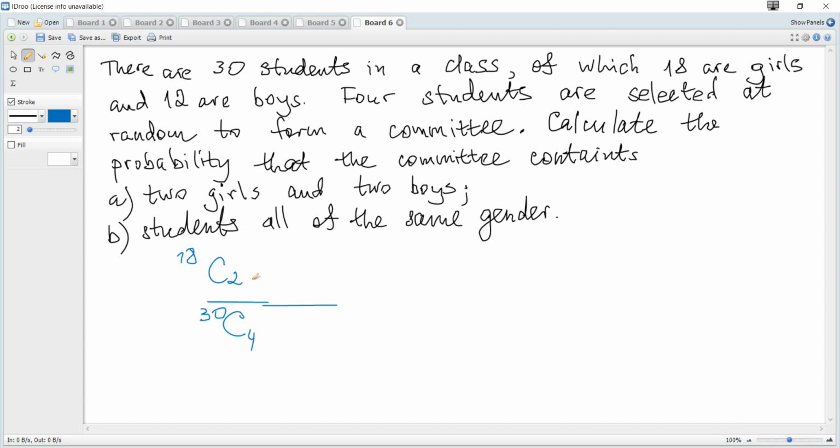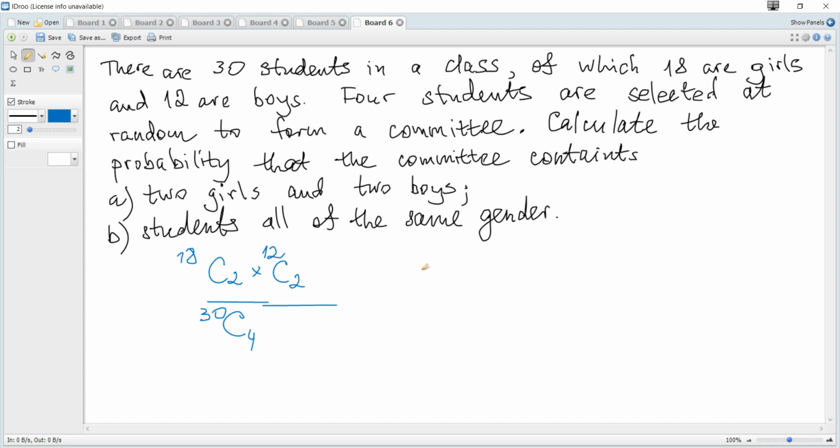But the question is plus or multiply. It's one event, in total 2 girls, 2 boys. So it's not or, it's actually and, 2 and 2. When you need or, it's plus, and for and it's multiplication. So it must be multiplied by combinations 2 out of 12.